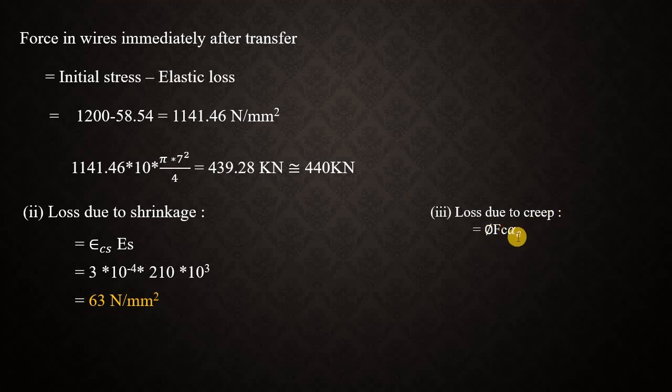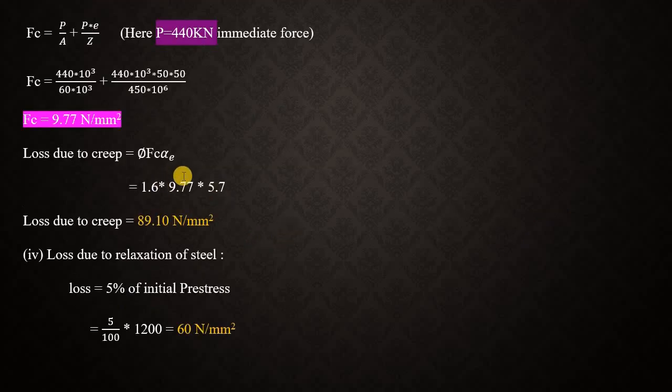Then alpha E, we know how to calculate it. So let's start with the Fc calculation. See here, I have highlighted it. Here P is 440 kilonewton, immediate force. Now we should consider this new pre-stressing force, P by A plus Pe by Z. We know Z is nothing but I by Y, where Y is equal to e. So Z equals I by e here.